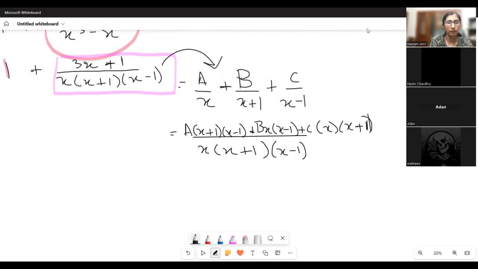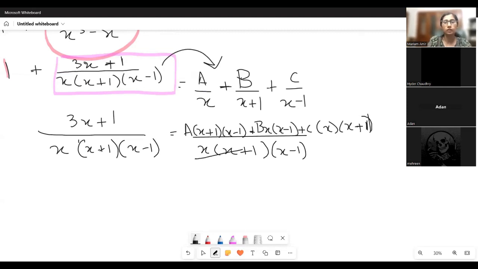Okay. And the left hand side is the same, 3x plus 1 upon x times x plus 1 times x minus 1. Okay. So cancel this, cancel this. So we have 3x plus 1 equals all of that. I'm going to start with let x equals minus 1.